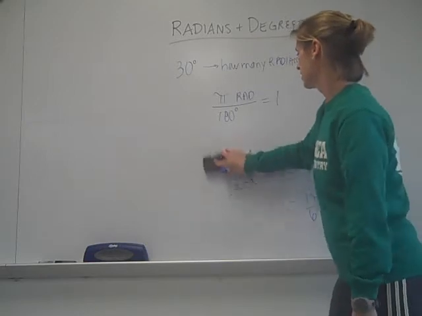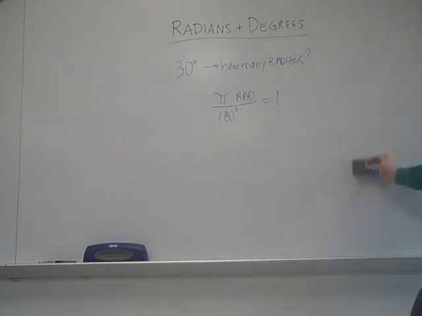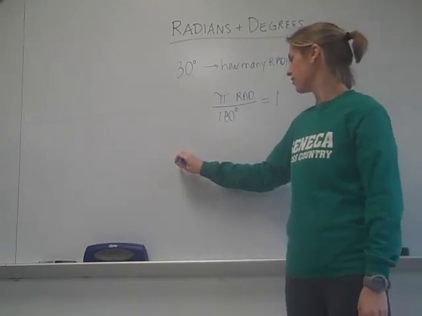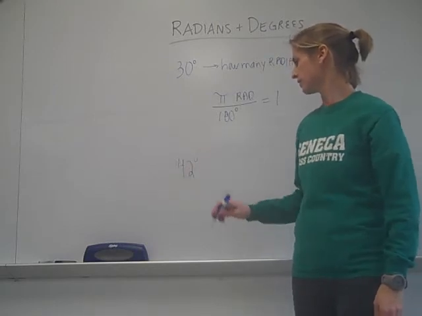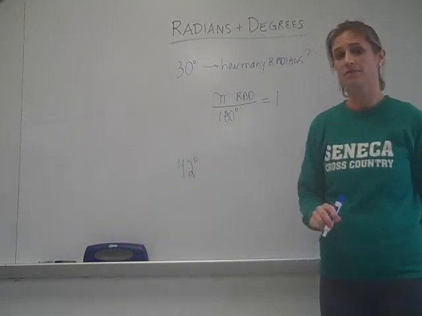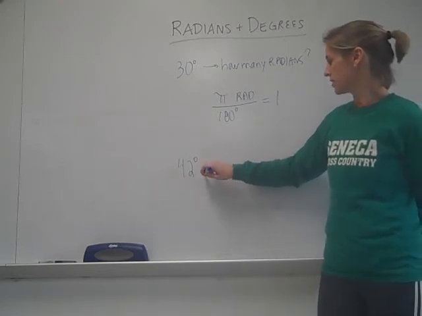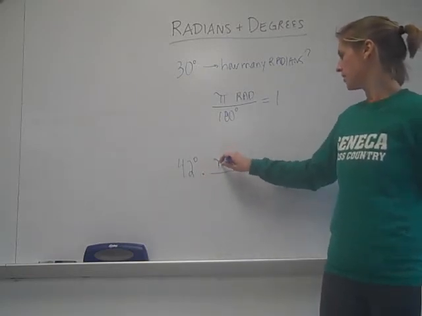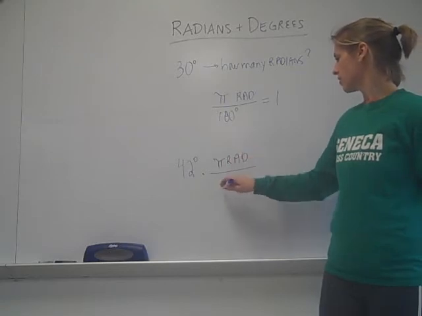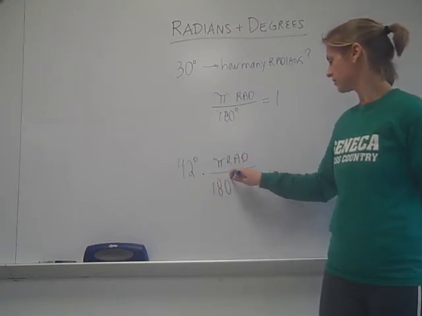Okay, let's do another one. Let's say I want to rewrite 42 degrees as a radian measurement instead. So if I want to write 42 degrees, I have to multiply this by pi radians over 180 degrees.